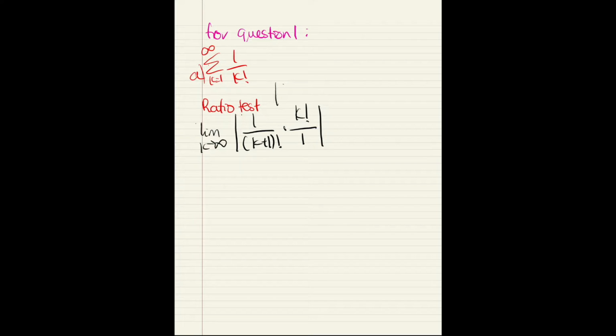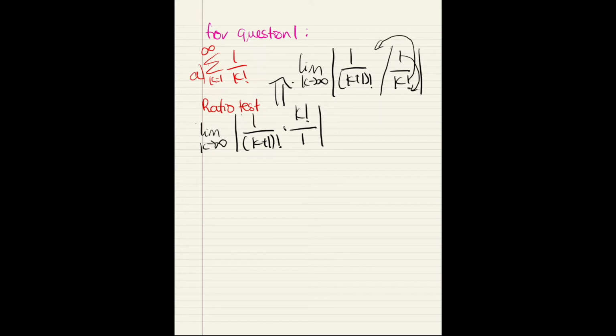How do I derive this answer? It's just the limit of the absolute value of 1 over k plus 1 factorial over 1 over k factorial. So I flip it, and this one goes to the back side, so it is derived at this answer.